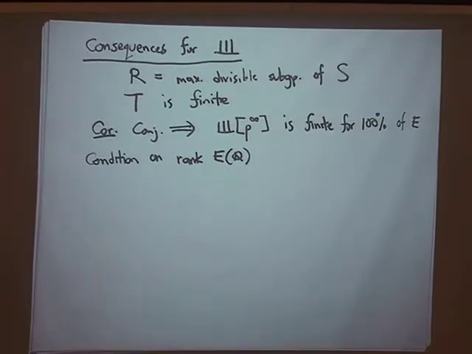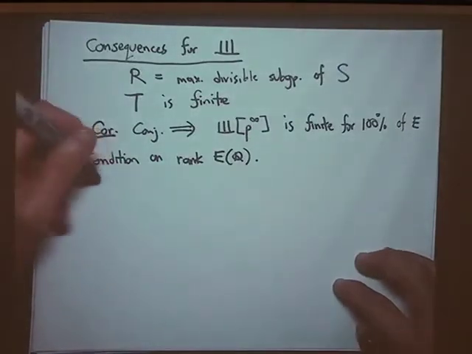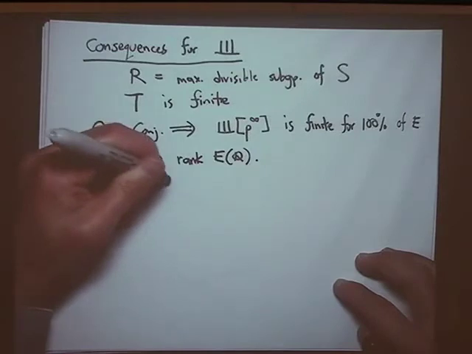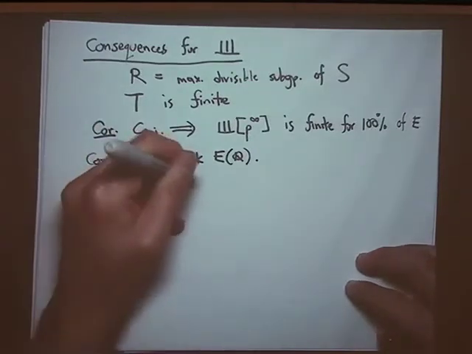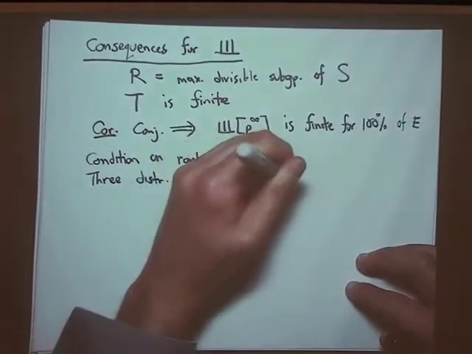So I'm going to condition on the rank of E. I'll look first at all the rank 1 elliptic curves and see what the distribution of Sha is for those, and try to predict all these. So there are going to be 3 distributions on the set of possibilities, which are finite abelian p-groups.